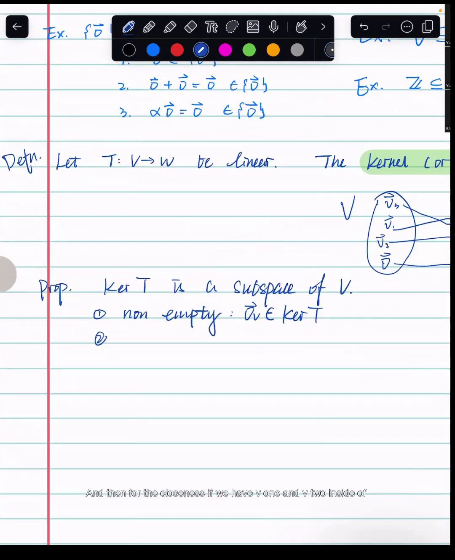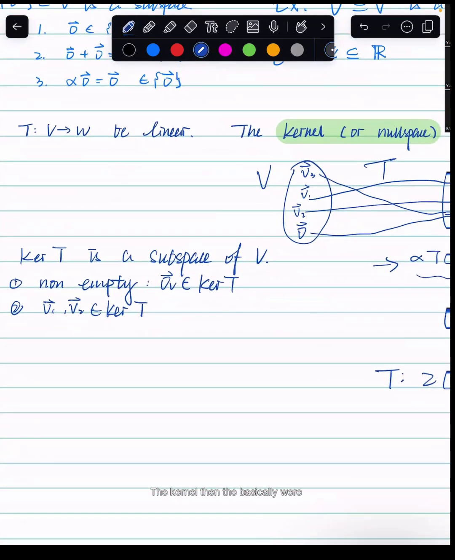And then for the closeness, if we have V1 and V2 inside of the kernel, then basically we're saying that T(V1) is 0 and T(V2) is 0.